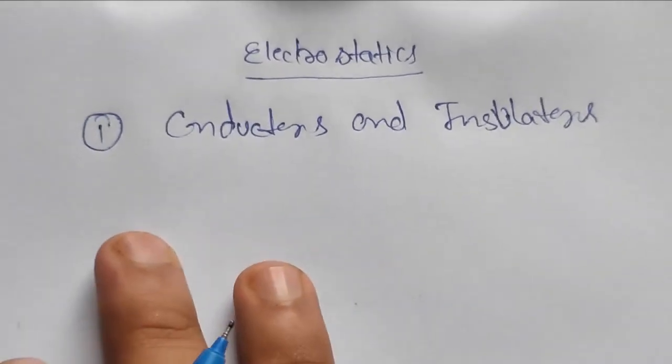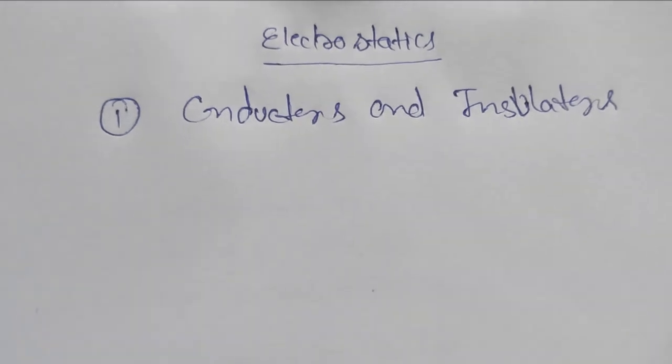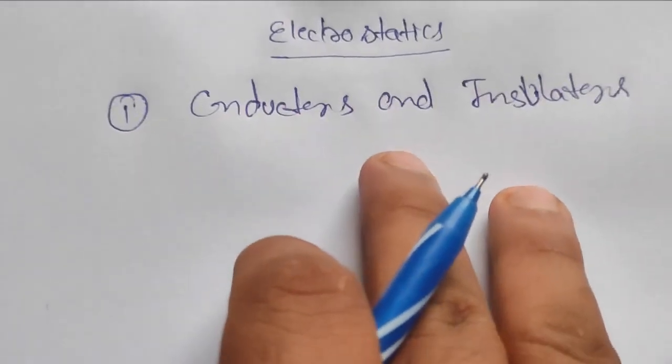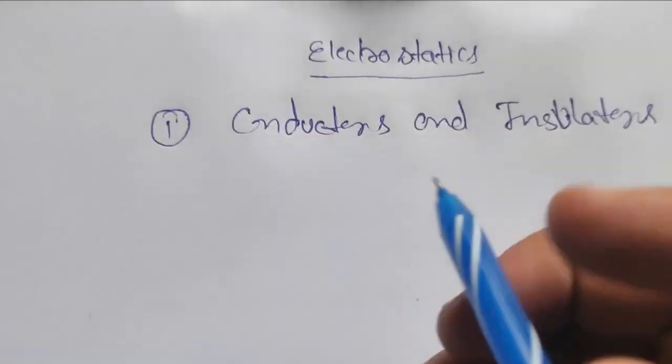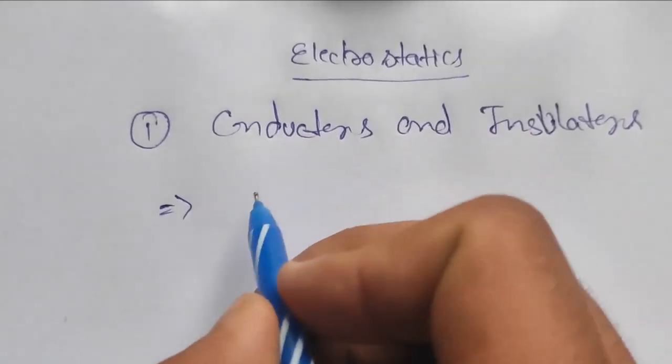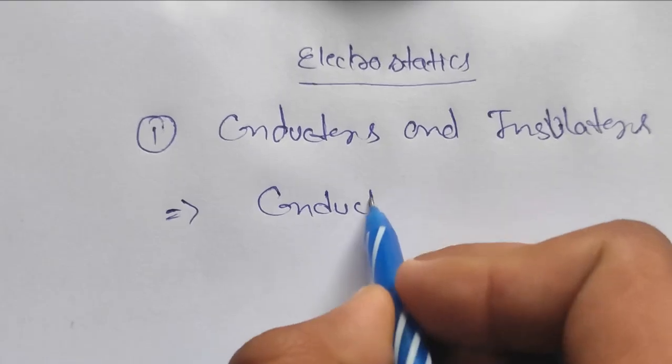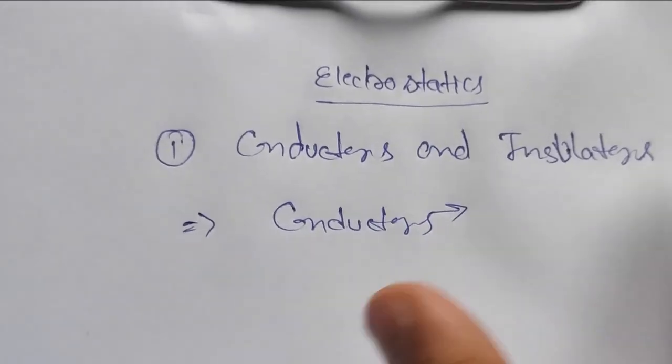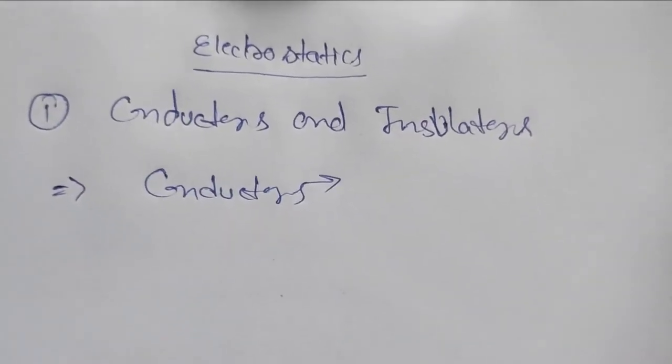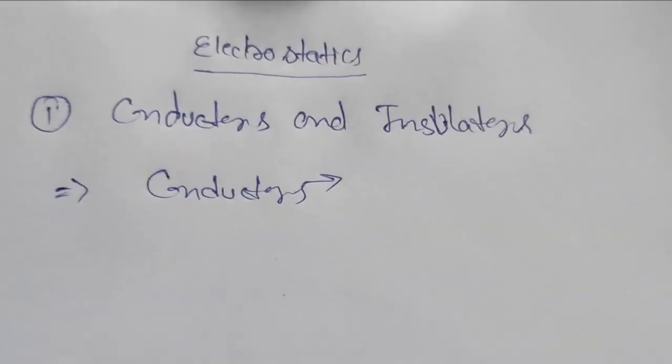I hope you understood in the previous classes what conductors and insulators are, but the basic concept is this: a conductor conducts electricity, that is, it conducts the flow of charge through it.